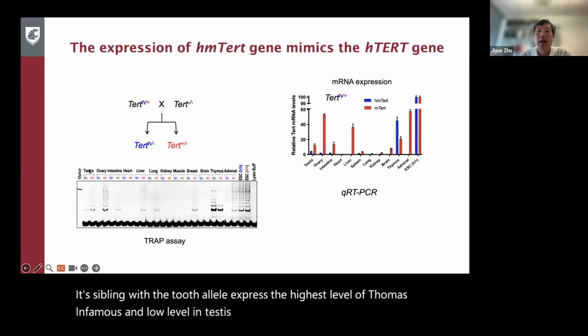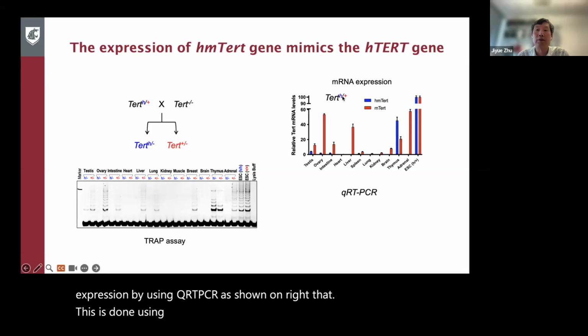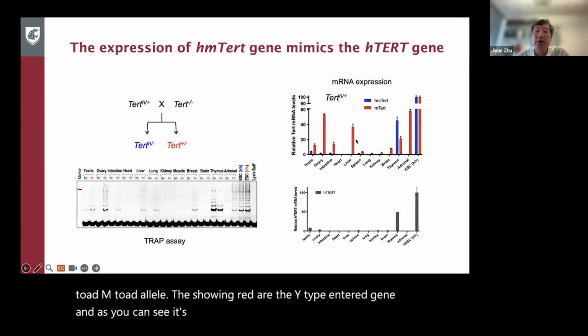We further characterized its expression using qRT-PCR, as shown on the right. This was done using heterozygous mice with one hmTERT allele and one mTERT allele. Shown in red is the wild type mTERT gene, and as you can see, it's expressed in most of the adult tissues.